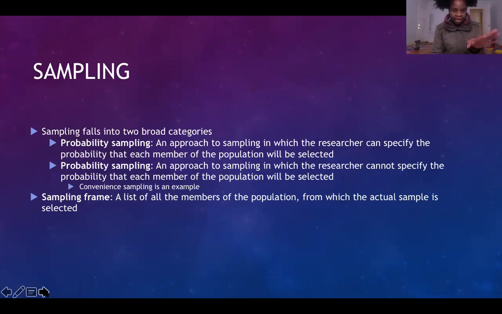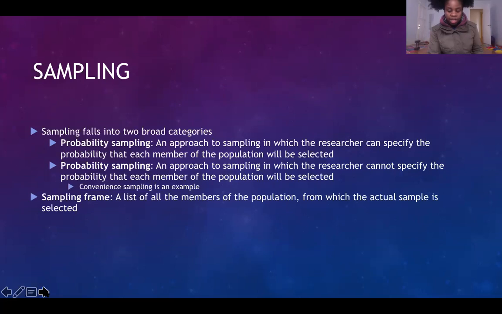I just noticed that it says probability sampling twice. But the second one is non-probability sampling. So probability sampling occurs when the researcher can specify the probability that each member of the population will be selected in the sample. Non-probability sampling occurs when the researcher cannot specify these probabilities, okay?